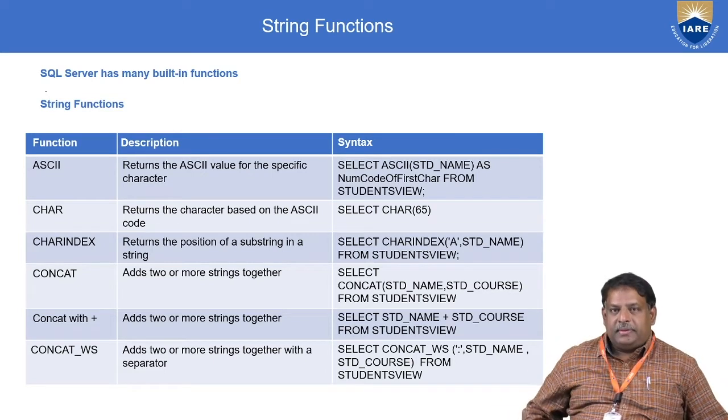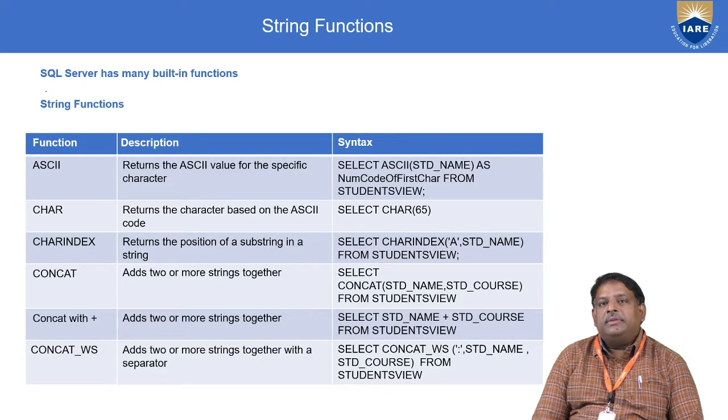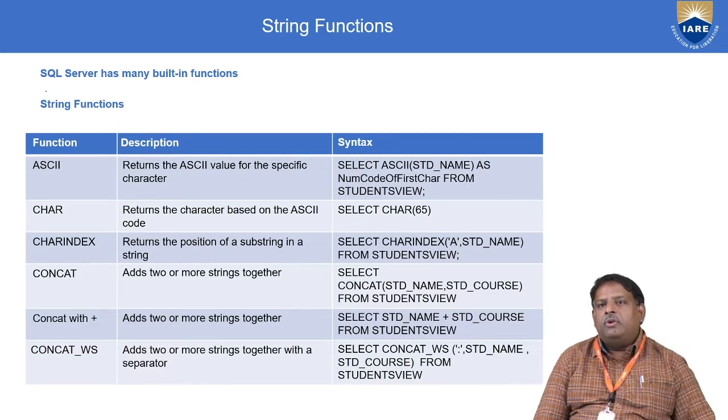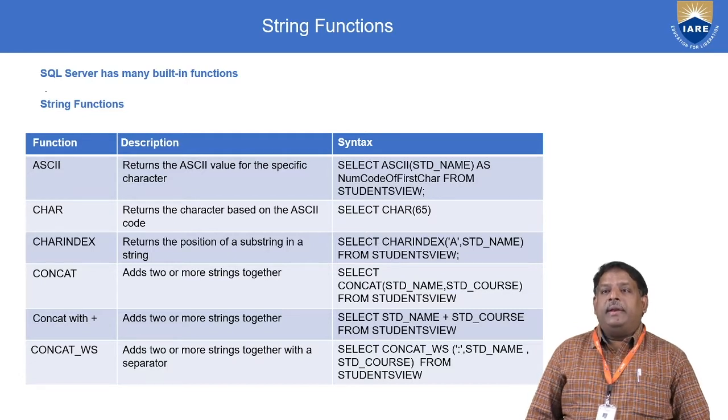Next, charindex. The third function we are discussing is charindex. This returns the position of a substring in a string. A substring is when you want to capture two or three characters from a string, you use the substring function. That position is determined by charindex.